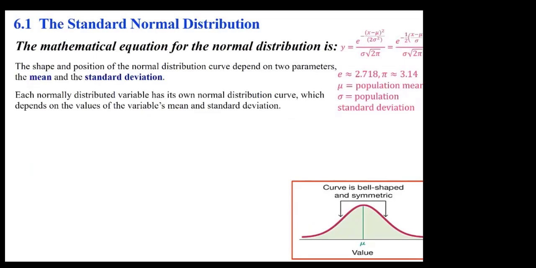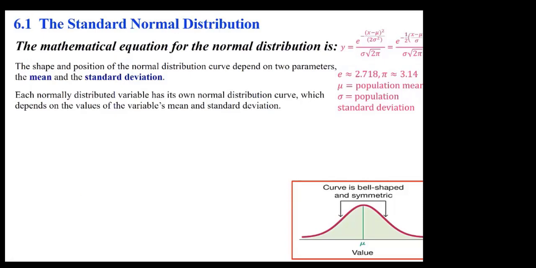Now, if you look at the formula at the top right, it gives the mathematical equation for the normal distribution. Y is equal to e to the power of minus, parentheses x minus mu quantity squared over 2 sigma squared, and the whole thing over sigma square root of 2 pi.